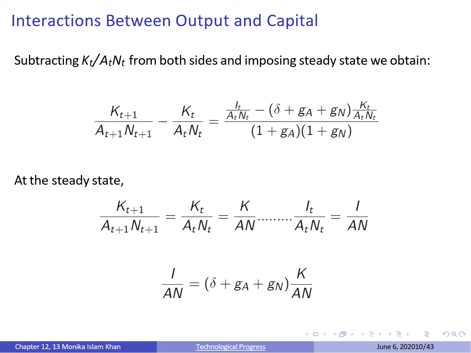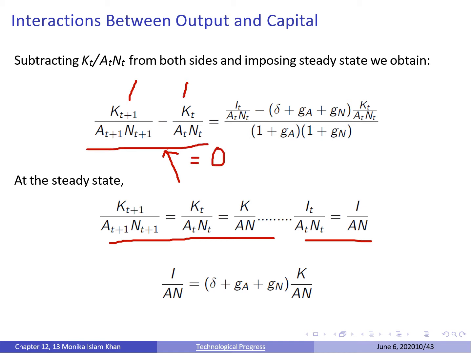So we need to plug in these steady state conditions into the equation for capital accumulation here. And so this becomes K over An, this becomes K over An, so this entire thing becomes 0. Okay, and then the right side, the denominator will be multiplied by this 0.